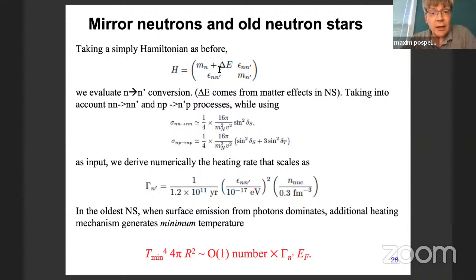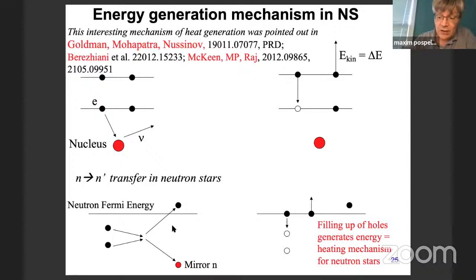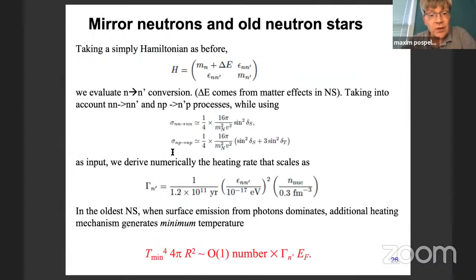But then inside the neutron star, the neutrons modify its forward propagation, and there is a mass shift as a result of that. So we have taken into account these scattering processes in the star using neutron-neutron scattering and neutron-proton scattering, which turns out to be very important, even though the protons are believed to be not more than 10% of the nucleon content. You get heating rates that are very, very sensitive to the off-diagonal matrix elements.